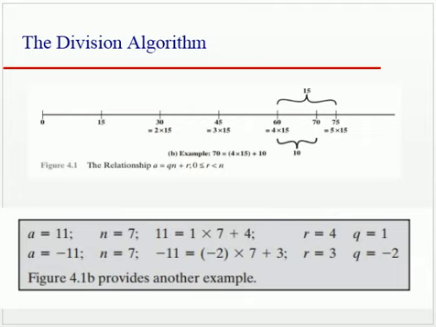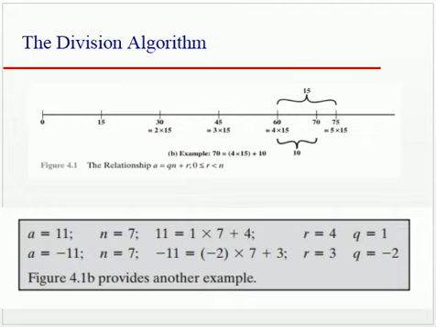Another example is that a is equal to minus 11 and n is equal to 7. Now a is a negative number, while n will always be a positive number. So while representing this number, we have to write minus 11 as minus 2 multiplied by 7 plus 3.